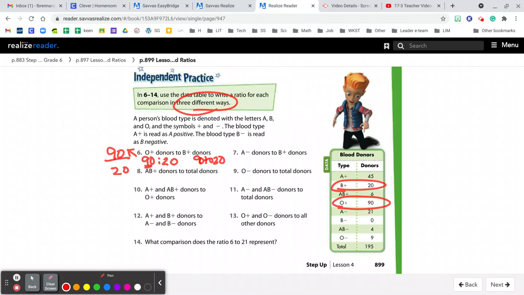A negative donors to B positive donors. So now we're going to go A negative, 21. B positive was 20. And we write it 21 to 20. We write it 21 over 20, and so on. And we will review that in our group.